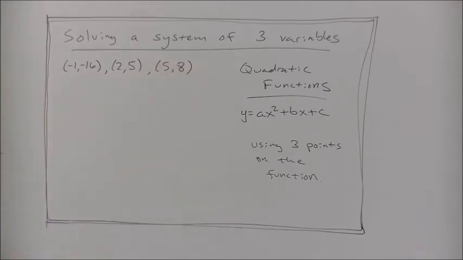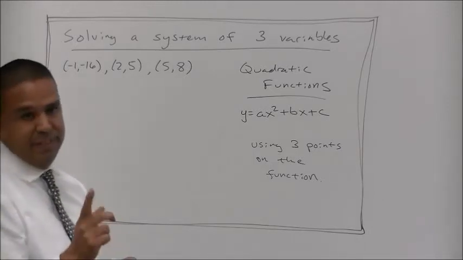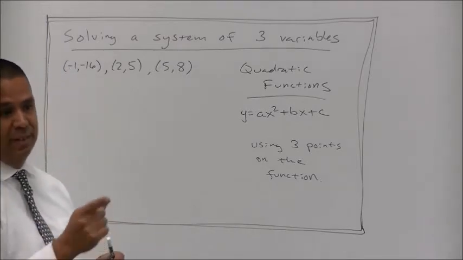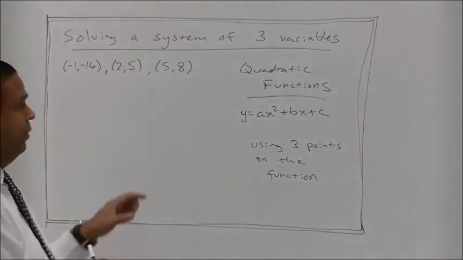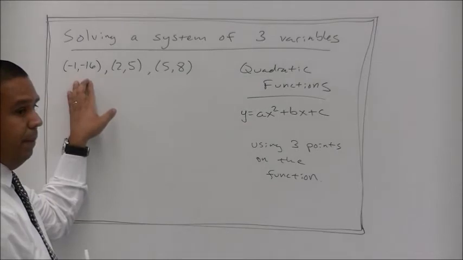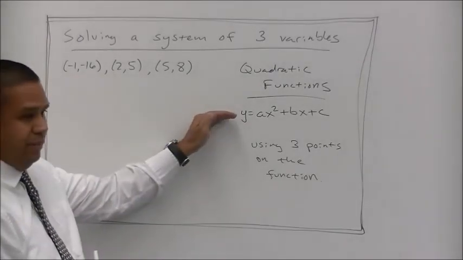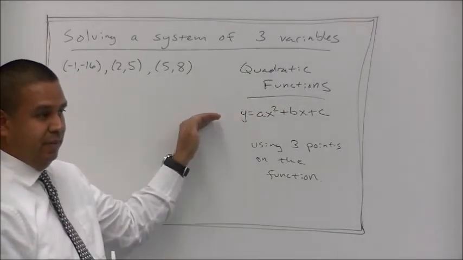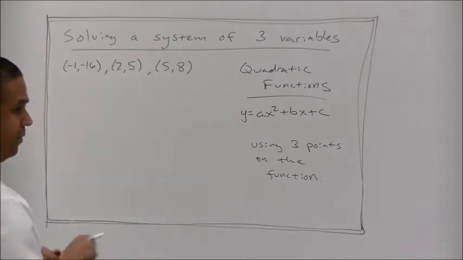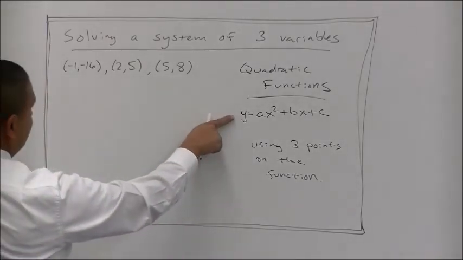All right. Let's use those 3 points. So what was the first thing we did? You remember the first thing we did? We found what y was, so we took 1 point at a time, right? And we used this standard form for the parabola, for our quadratic.